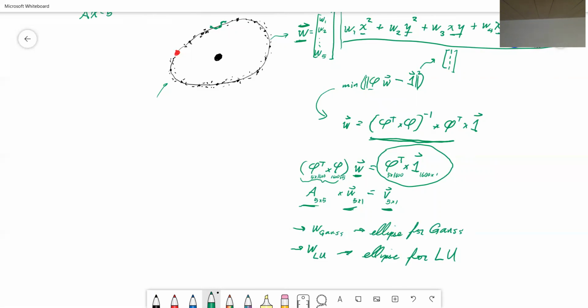Plotting these, even when you already know the W, is not a trivial task. So we are providing you code in the PDF to plot these, and you only need to change the generic variable called W in the plotting code. Replace this W by your W Gauss and your W LU, and that will give you your two ellipses. You should be able to modify that code without too much trouble.